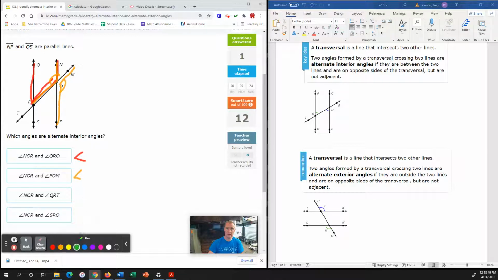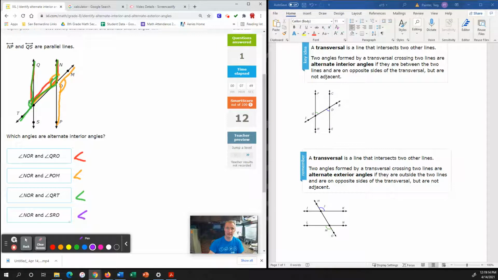Let's try the third one. Let's try NOR compared to QRT. So we're looking for Q. Here we go, QRT. Same problem as the second one down. QRT lands on the outside of the parallel line, so therefore they're not alternate interior angles.